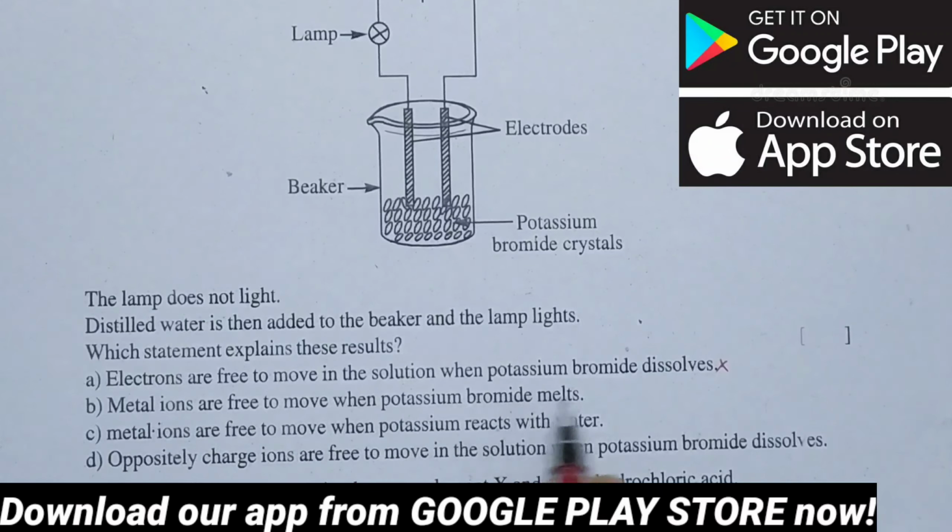This is also not enough. Metal ions are free to move when potassium reacts with water. No, the main thing is that oppositely charged ions are free to move. Option D: oppositely charged ions are free to move in the solution when potassium bromide dissolves. So option D is the correct answer. Then only the lamp starts glowing.